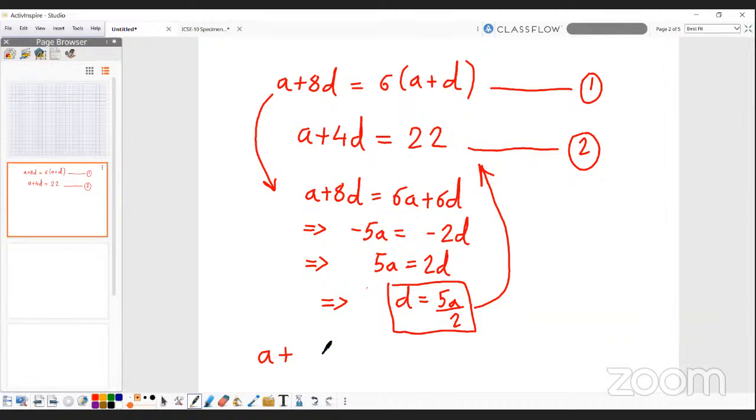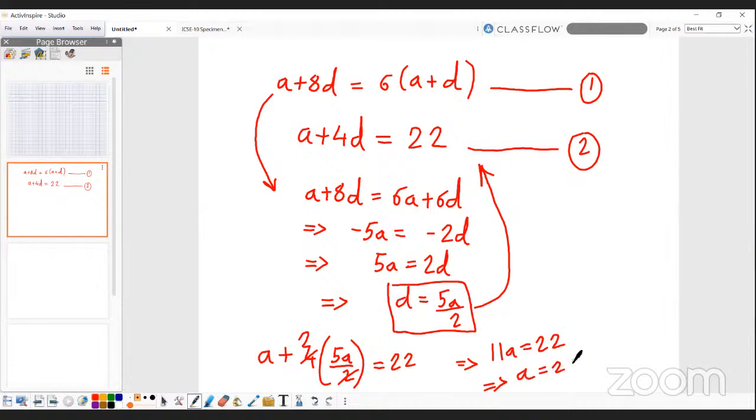A plus 4 into 5A upon 2 equal to 22. 2 and 4 cancel each other. A plus 10A, which is 11A equal to 22, or we can say A equal to 2.